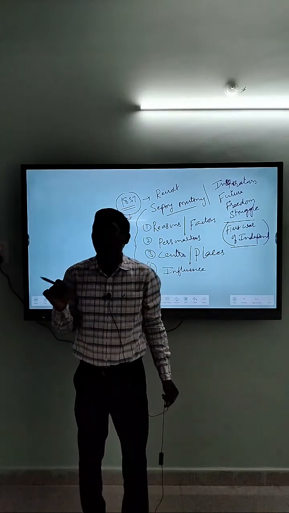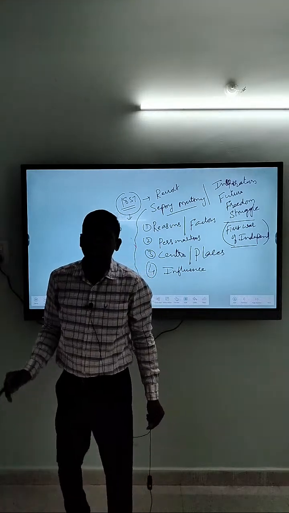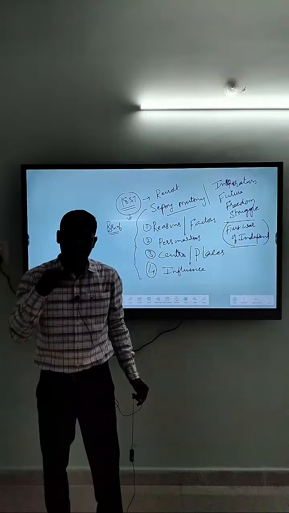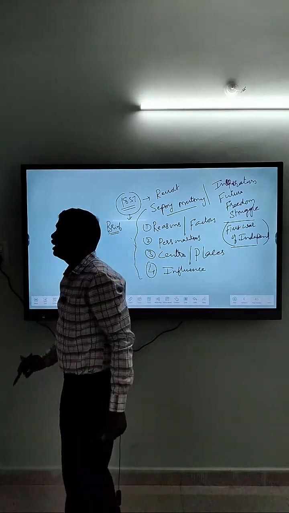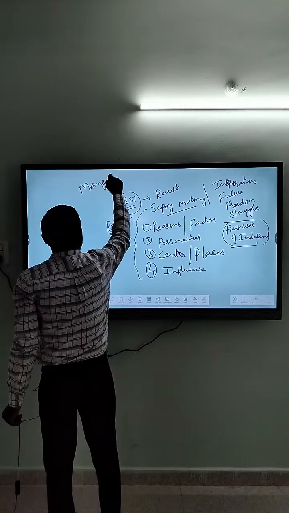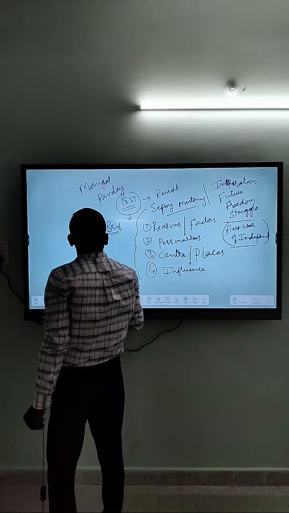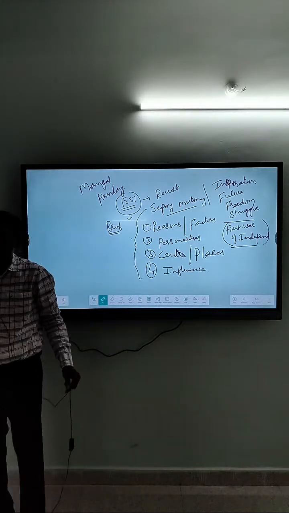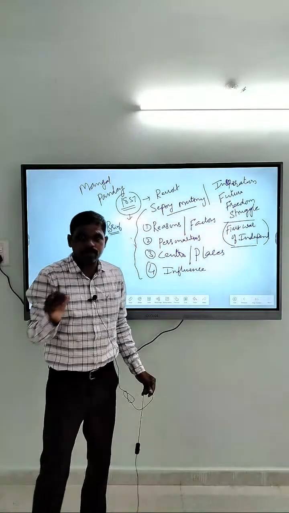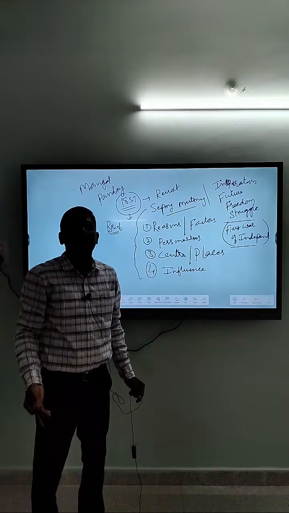This 1857 revolt got started because of the killing of, not death, it is the killing of Mangal Pandey, which has led to the revolt.